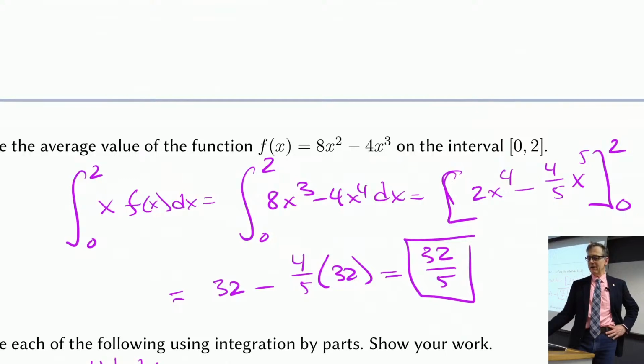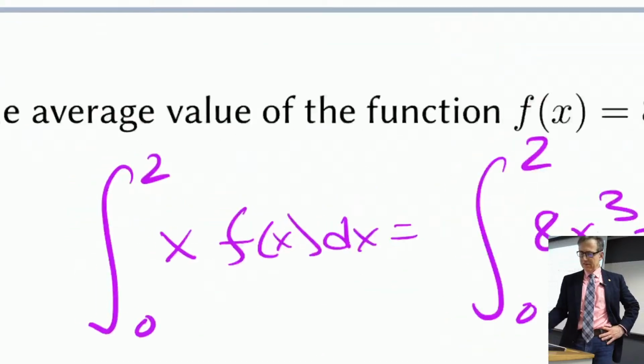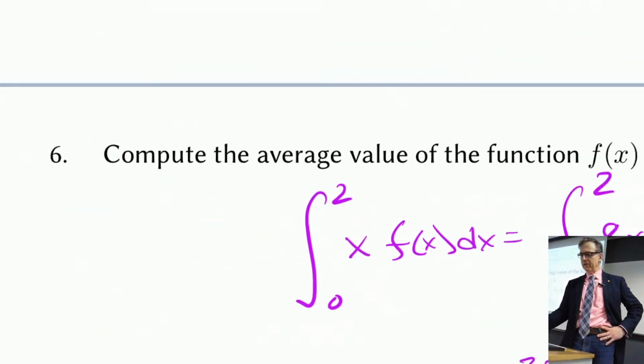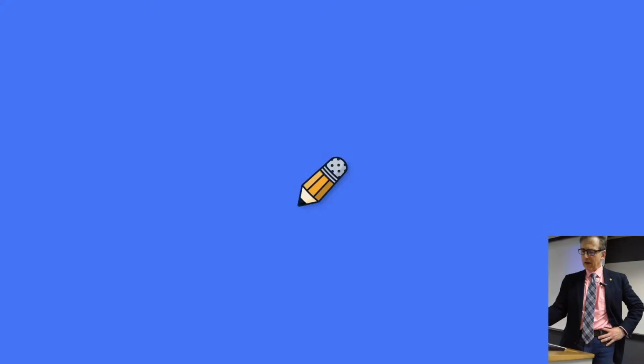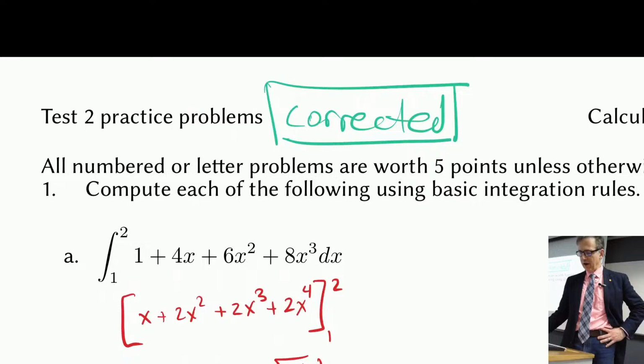To be honest, I did this last year. This is the same practice test I gave to last year's class. I was probably thinking about probability, because this is the formula for the expected value, or the average value, of a probability distribution.